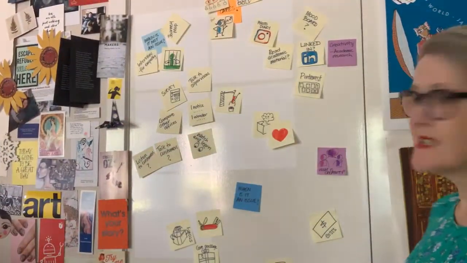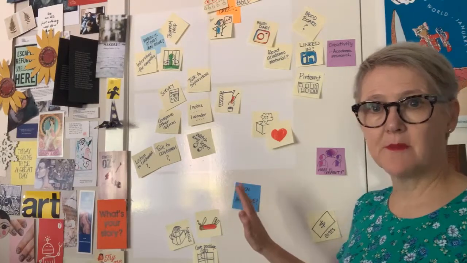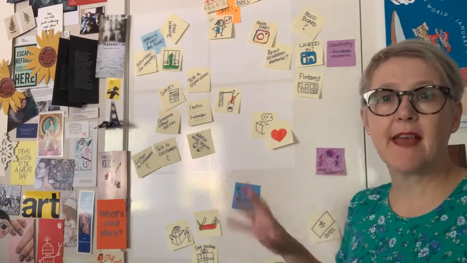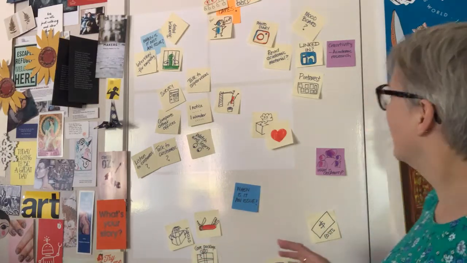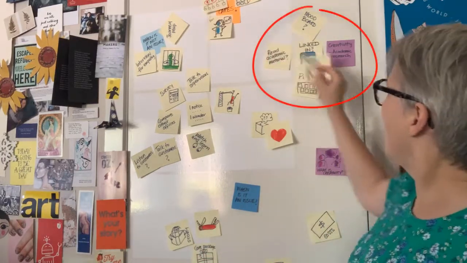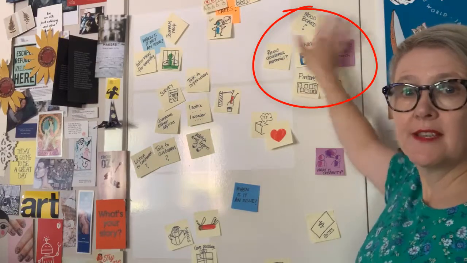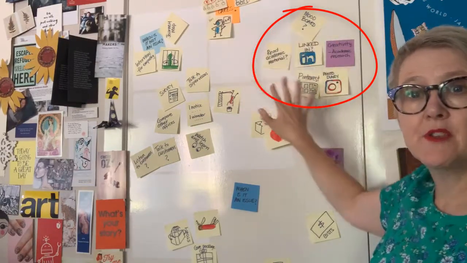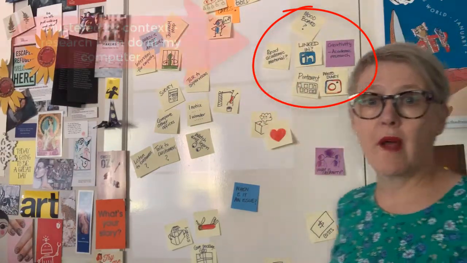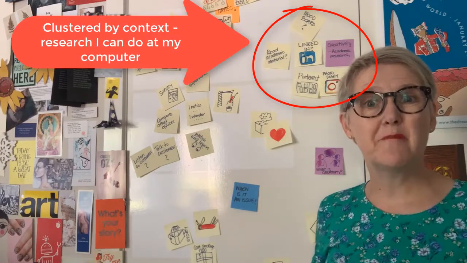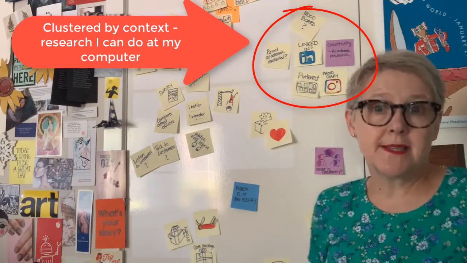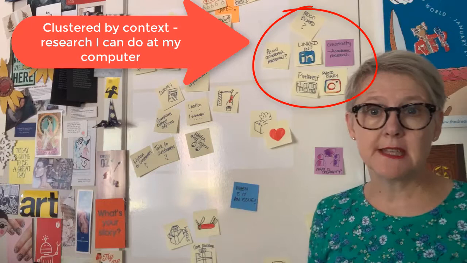So yes, this might not look like anything very much at the moment, but what I've started to do is gather different ideas I had into different buckets here. So I have a bucket over here of things that might happen using technology, where I might be able to get more information about the problem in the context of sitting at my desk.